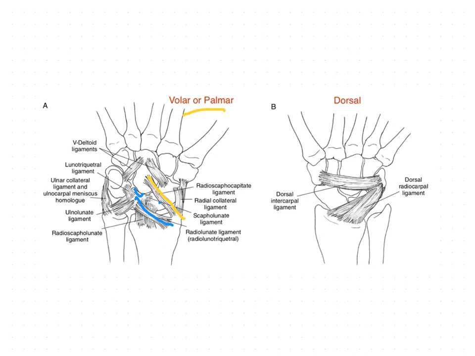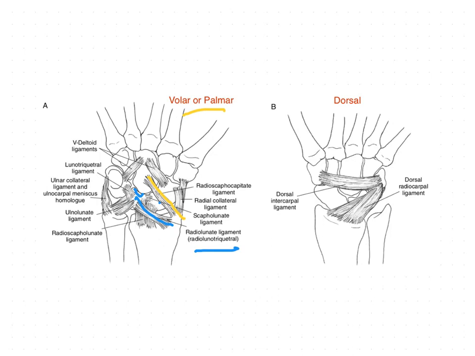This radiolunate ligament is also called the radioulnotriquetral ligament, and also the radioscapholunate ligament. So totally it has three bands. One is the main band, the radioscaphocapitate ligament, also called the radiocapitate ligament.